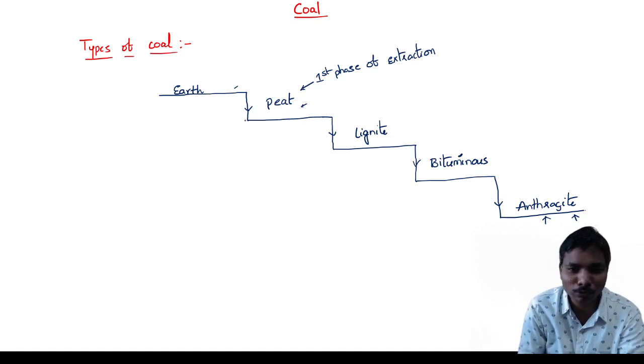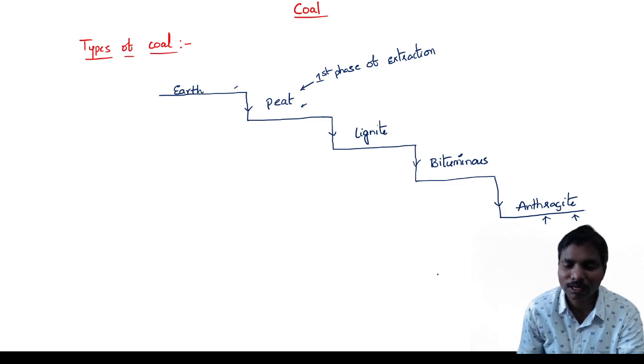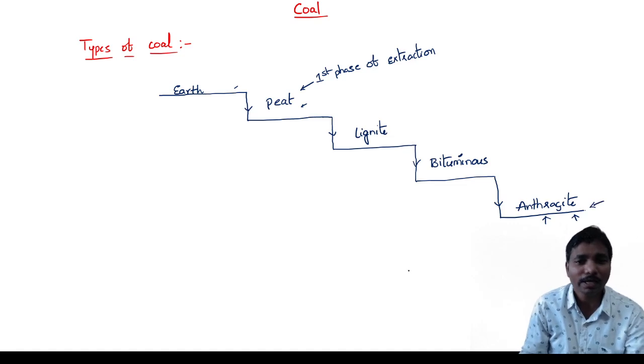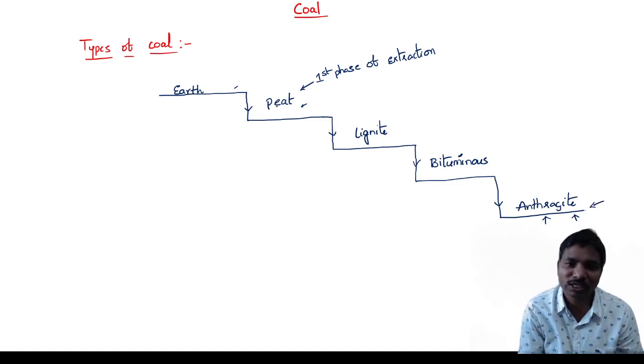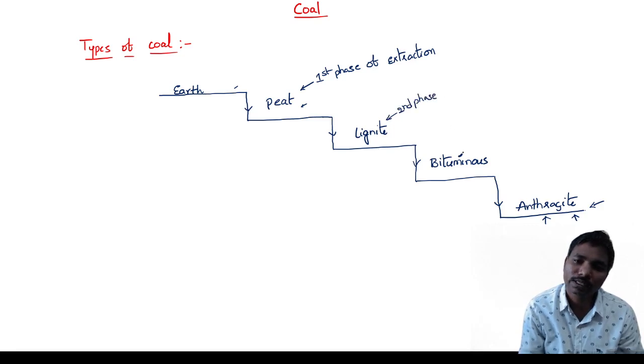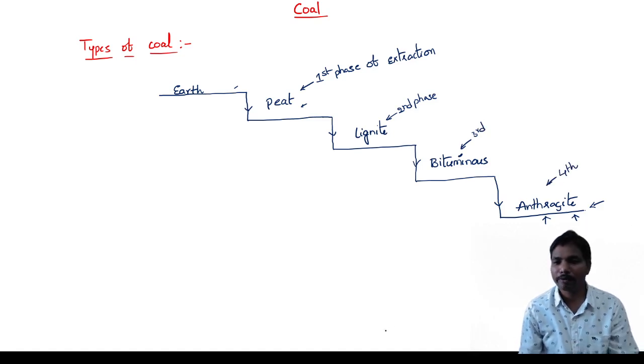Only if you prepare hard will you get the best type. So in the first phase of extraction you get peat, in the second phase lignite, in the third phase bituminous, and in the fourth phase anthracite.